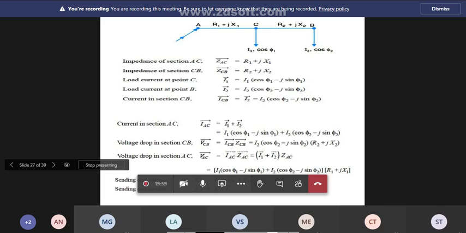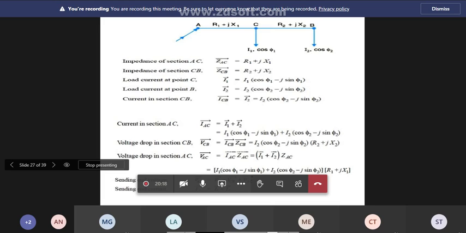Voltage drop in section CB, VCB, is equal to ICB into ZCB. ICB is I2 cos phi2 minus j sin phi2, ZCB is R2 plus jX2. Section AC: IAC times ZAC, that is I1 plus I2 times ZAC. So like this.